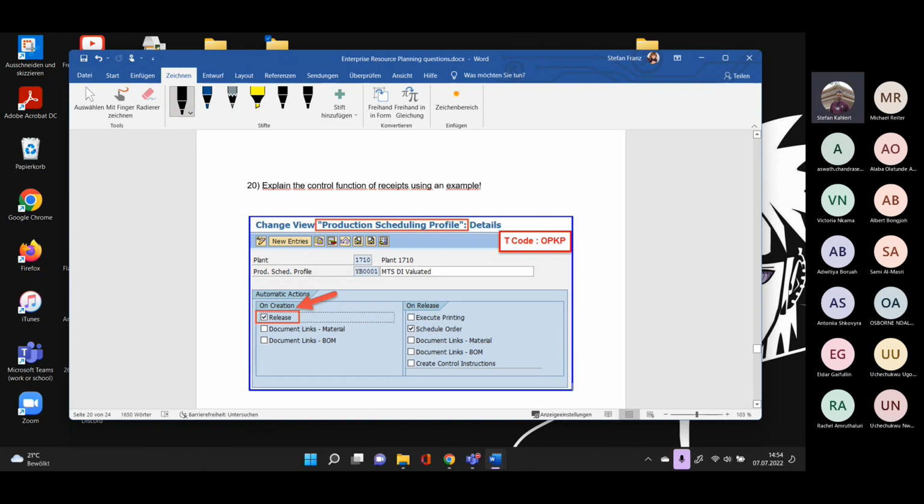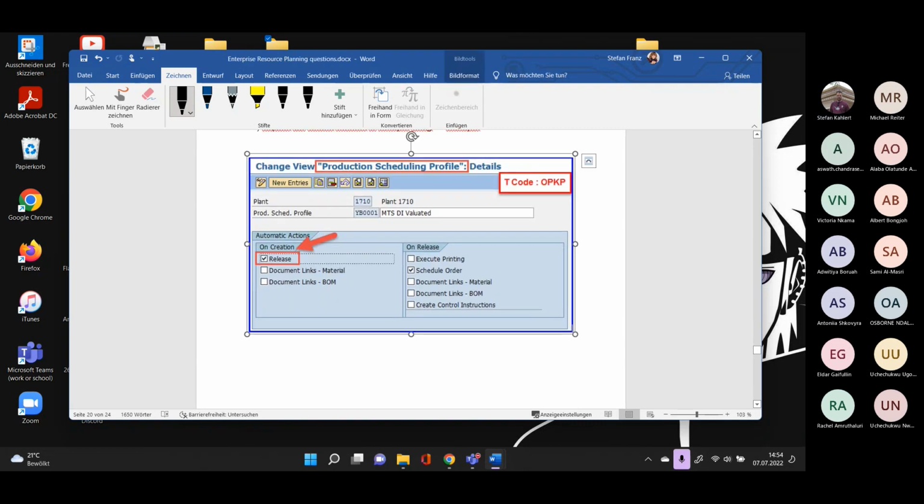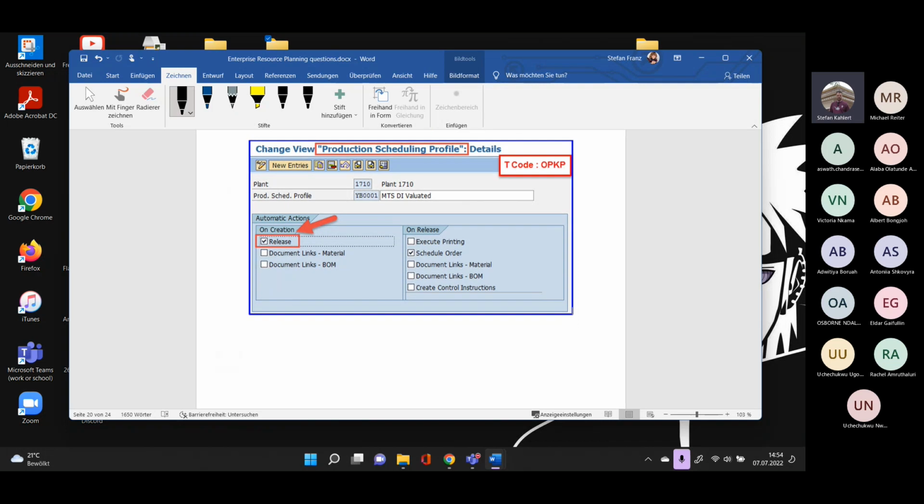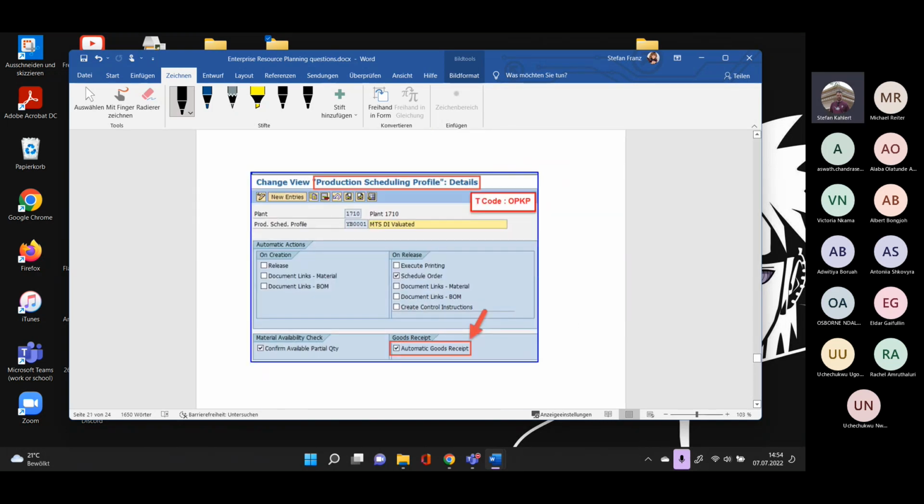Control function. I have put in a picture for you. This is one window you can open where you can check this scheduling profile. This one is better. And if the client finally receives the goods, you see here on the bottom, you get an automatic goods received.